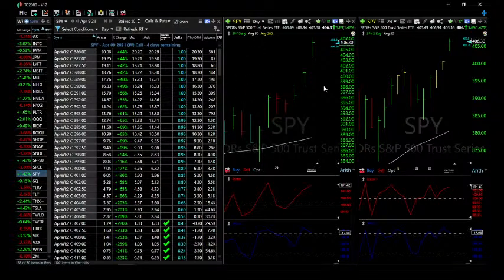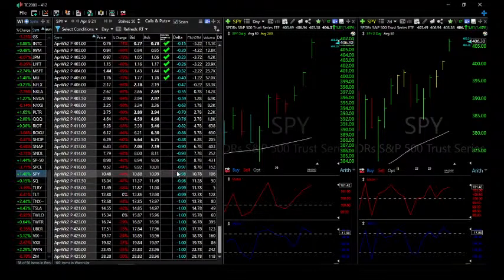The SPY is linked to the S&P 500. If you watch the news, you'll see the Dow, the S&P 500, and the NASDAQ. Well, the SPY is linked to the S&P 500. It's the most widely traded stock in the world.